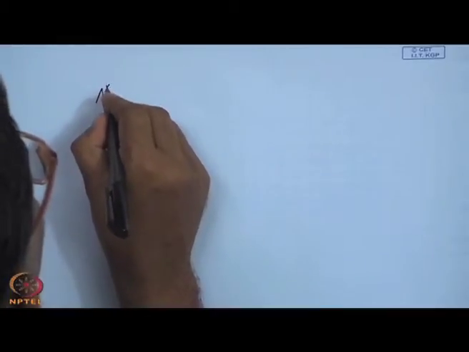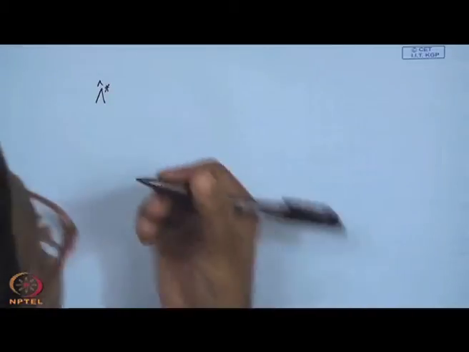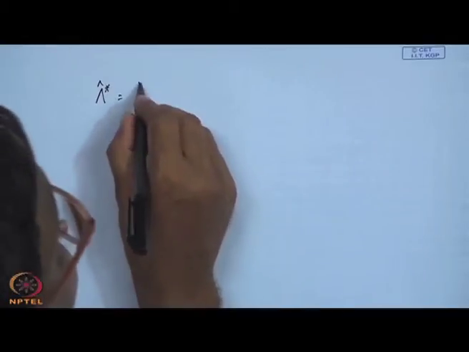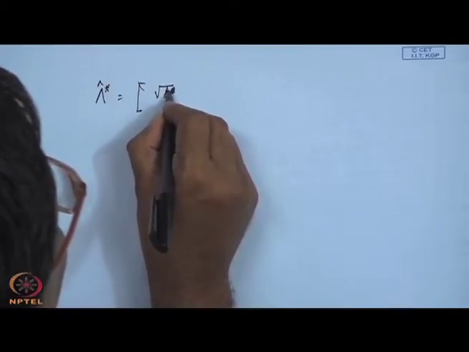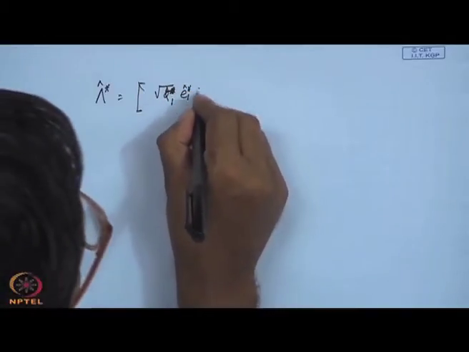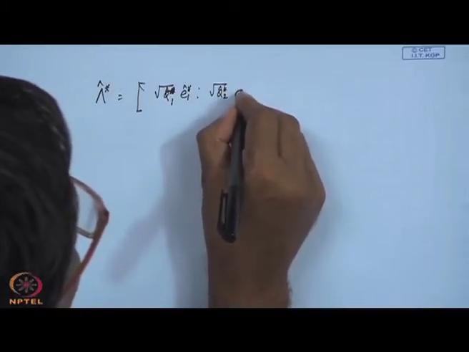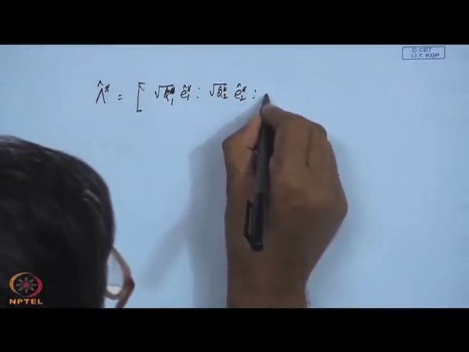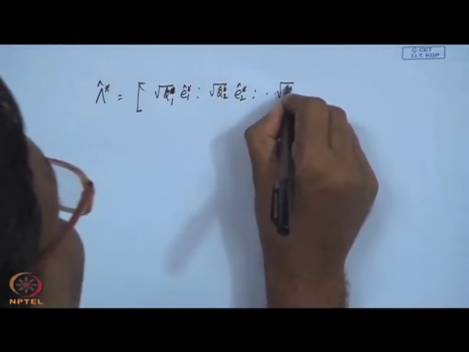So in this case, the lambda star estimate will be nothing but your root q1 star estimate, e1 star estimate, root q2 star estimate, e2 star estimate, and so on. How many are you interested in? Suppose qm star estimate.